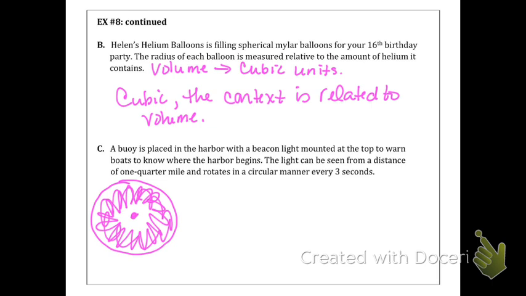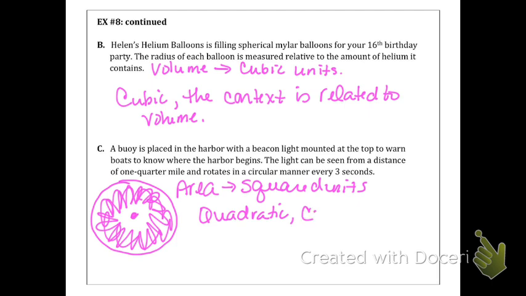So we're talking about area there, which is where it can be seen. And so because it's area, remember area is measured in squared units. And so square is a quadratic. So the context relates to area.